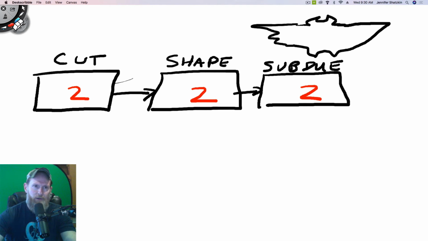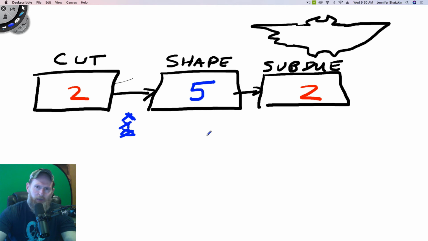But let's suppose, like we did in class, that this isn't 2, and this is something like 5. And if that's the case, we have a bottleneck, and we start getting buildup right here.